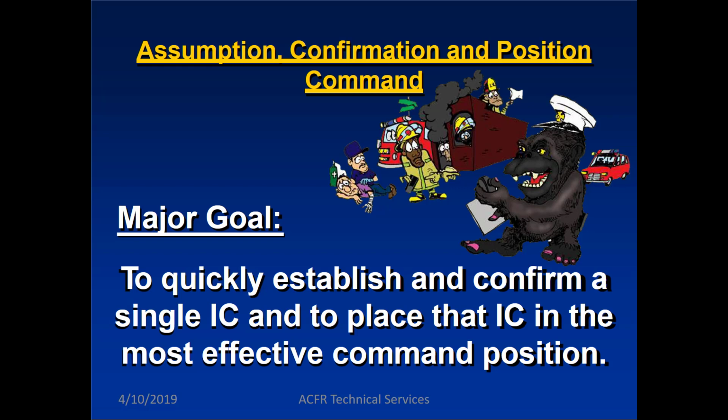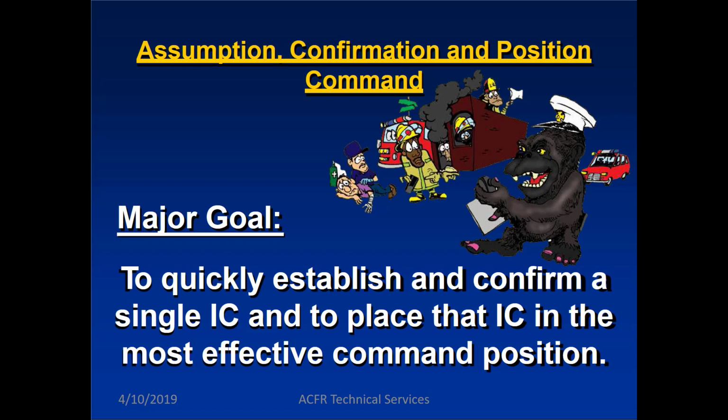All right, the biggest part of the Blue Card command is the establishment of that command presence on any incident scene, because it's crucial. In most of the NIOSH line of duty death reports that have been looked at, communications and lack of incident command have been attributed to a lot of firefighter deaths. So it's one of the big things they're pushing for. In this function of command, we look for the assumption, confirmation, and position of command.